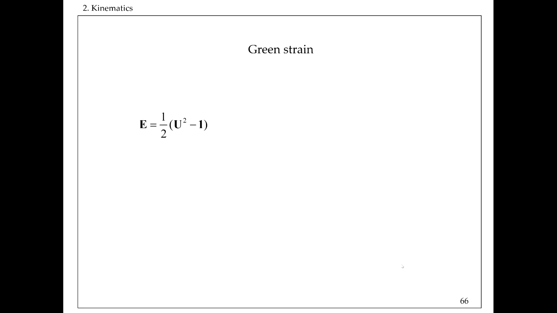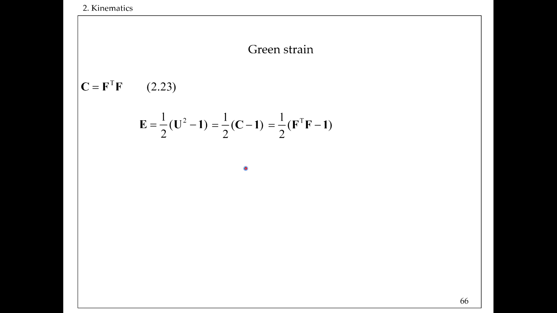All right, so this is our definition, and we already know that U square can be related to the right Cauchy-Green tensor C. That's how we defined our right stretch tensor. And C, the right Cauchy-Green tensor, we defined through the deformation gradient, so it's just F transpose F, as it was here. Now we can substitute that C with F transpose F, and this is basically still our Green strain tensor E, right?